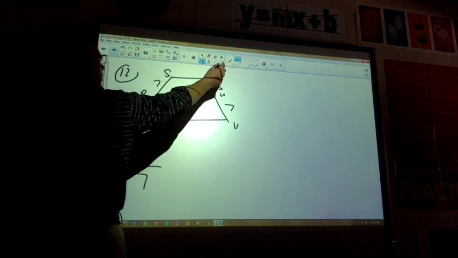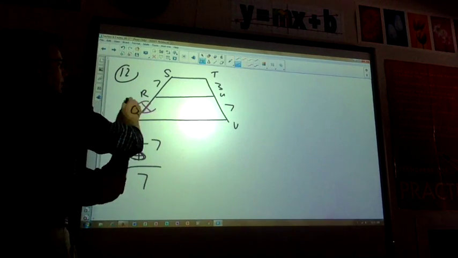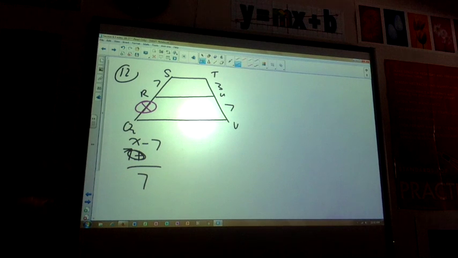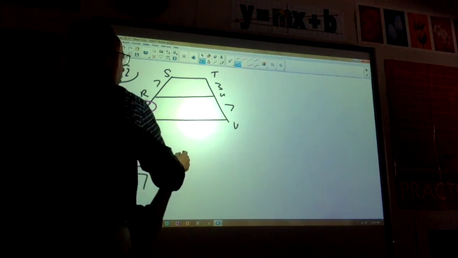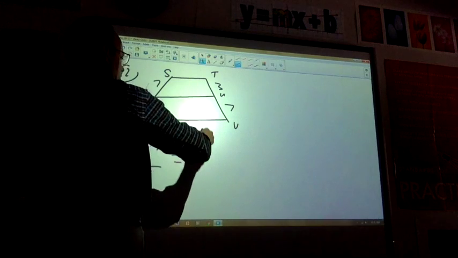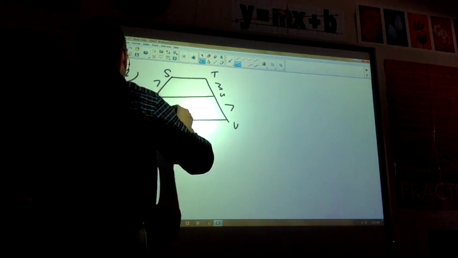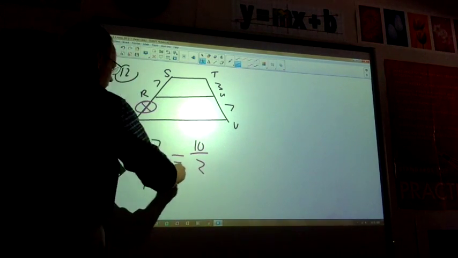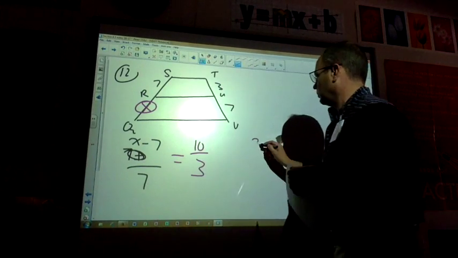So if we call this little part right here X, that should work. Is that okay so far? And then that's going to be equal to TV, which is 10, over TU, which is 3. And then we should be able to solve that by cross multiplying.